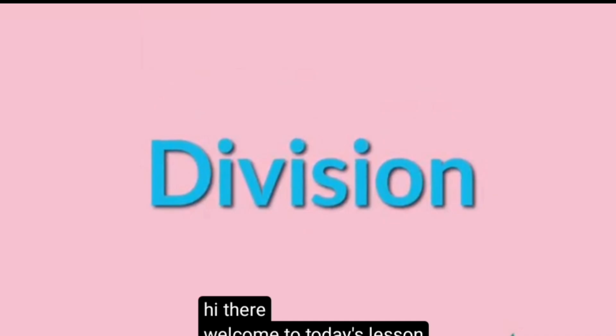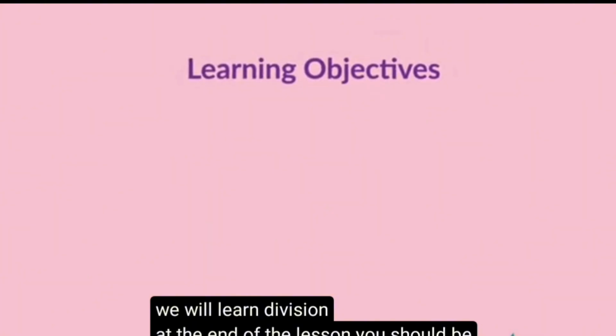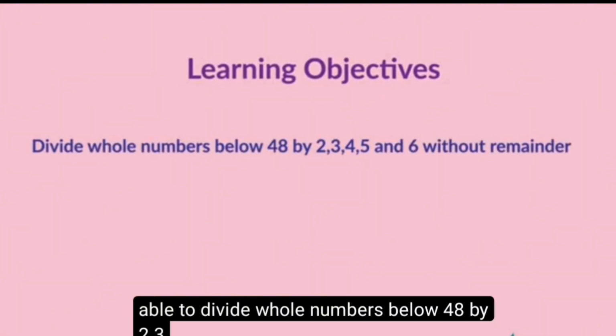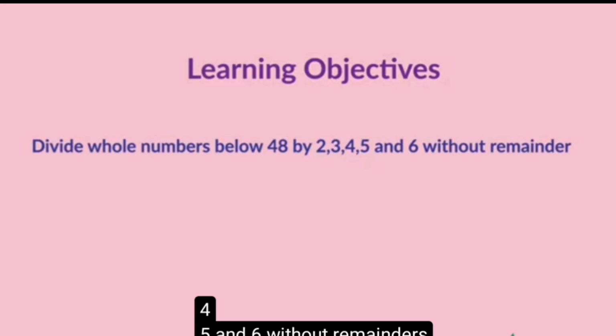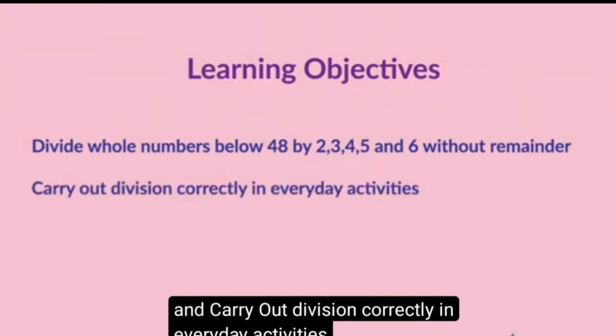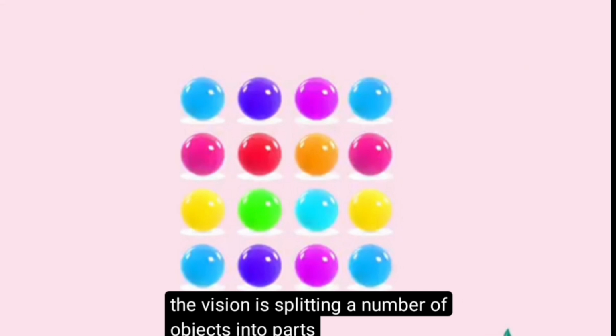The second one is division. We'll learn division at the end of this lesson. Dividing whole numbers below 48 by 2, 3, 4, 5, and 6, without a remainder. Carry out division correctly in everyday activity.